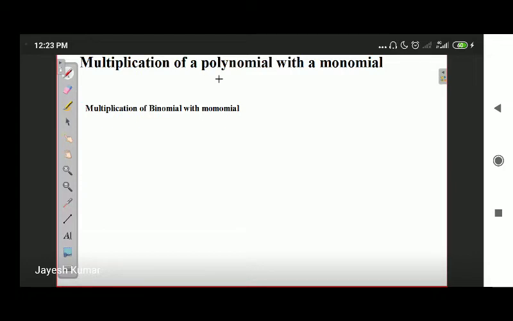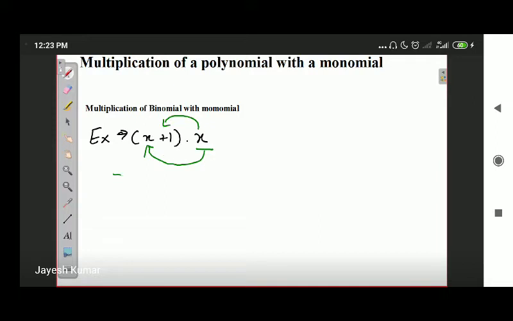For example, if I have to multiply a binomial with a monomial, let me take an example of a binomial: x plus 1, when multiplied with x. So x plus 1 in itself is a binomial and x is a monomial. In such cases, first you multiply this monomial with the first term of the binomial, after that with the second term.